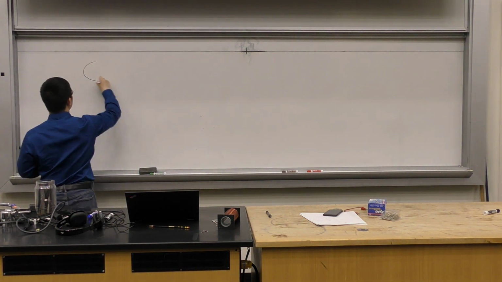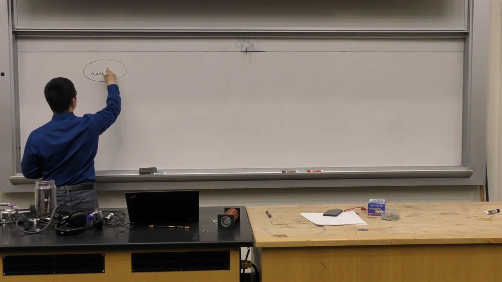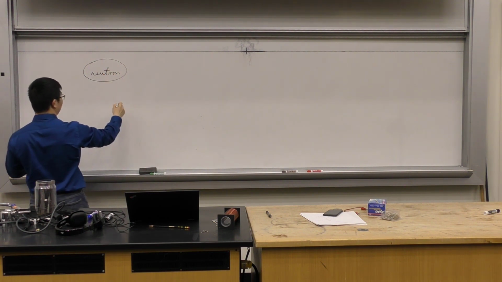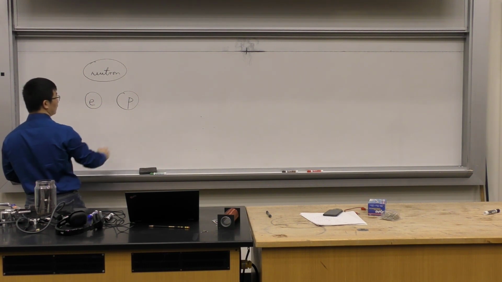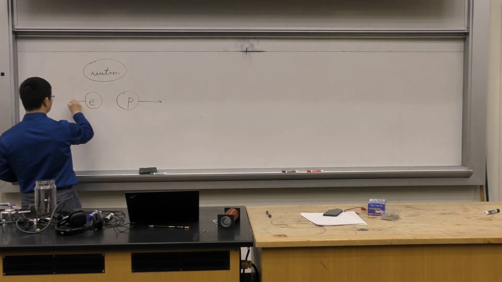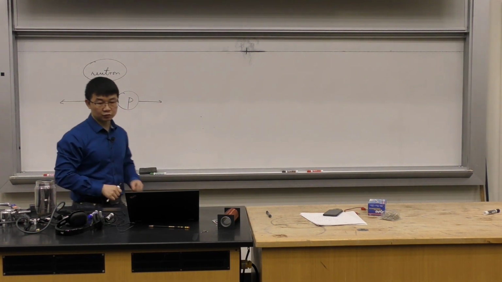So this is what happens. This is the neutron. It's going to decay into a proton and an electron, right? The proton is going to go this way, the electron is going to go that way. We know these two velocities.